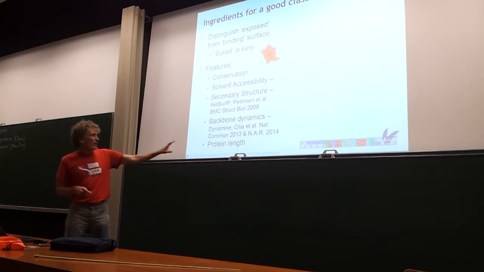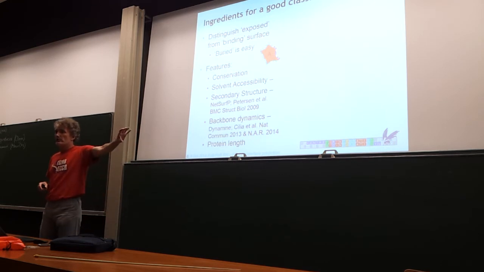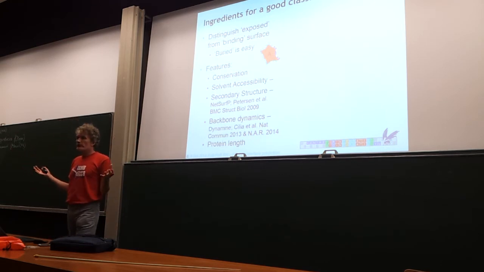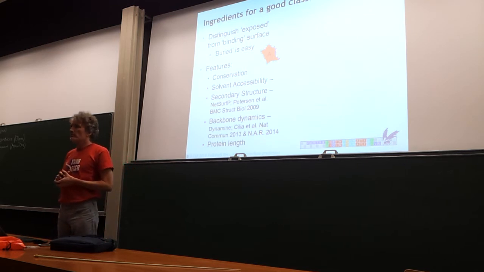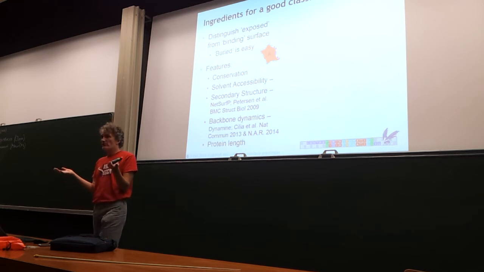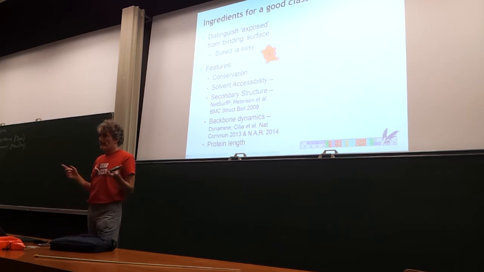But protein length is a proxy for the size of the protein molecule. And so what happens to your surface if you grow the size of your protein? So its solvent accessible surface increases. But what increases more? The inside increases more than the actual surface.